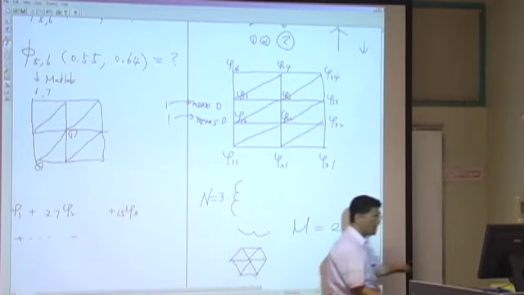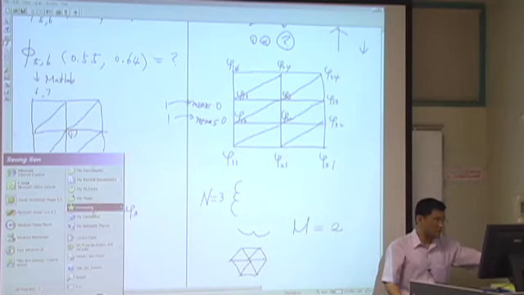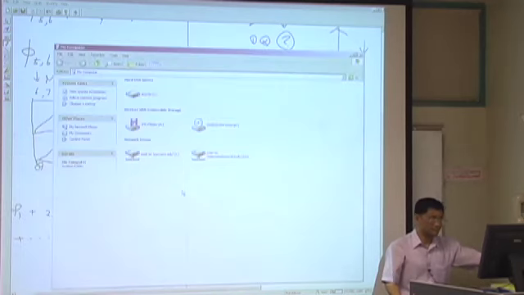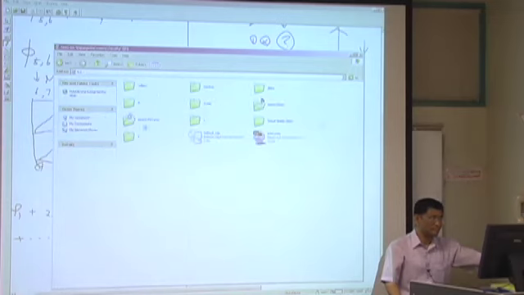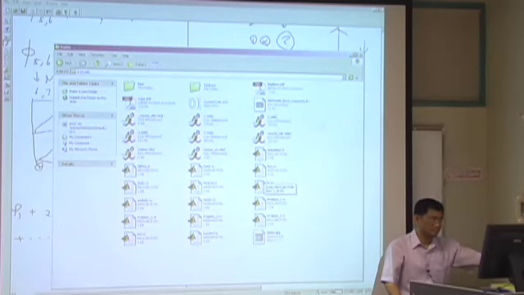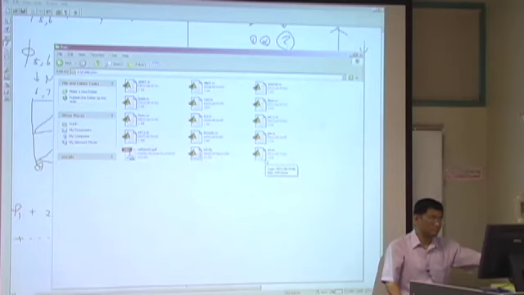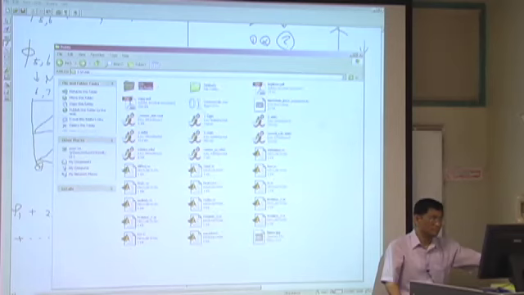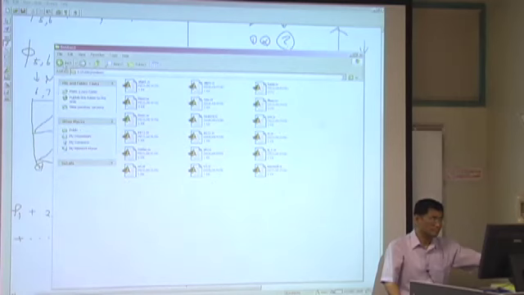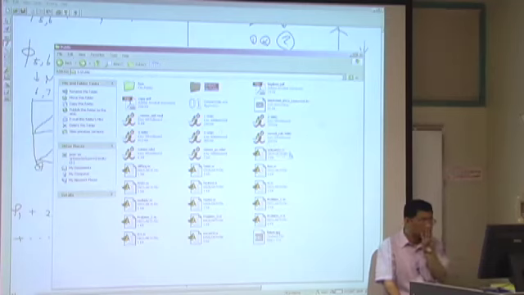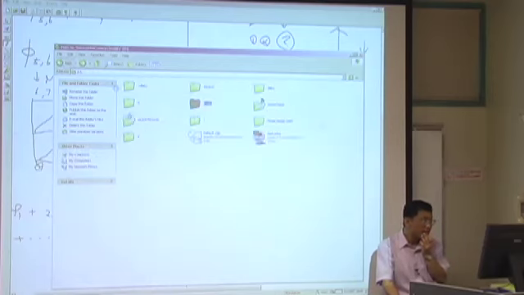And let me briefly go to the example part. I cannot find it.